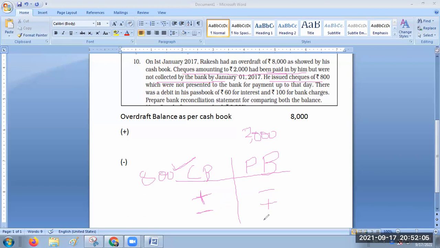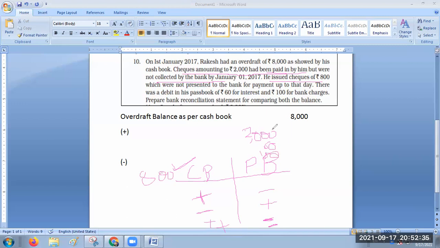So the banker has debited interest. Debit means minus here, plus here. So that 60 rupees you have to add. And 100 rupees for bank charges. For bank charges also he has deducted 100 rupees. Minus here, plus here. This side plus, so that 100 rupees also you have to add.